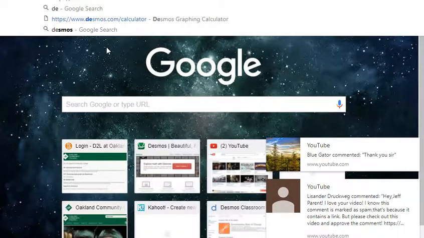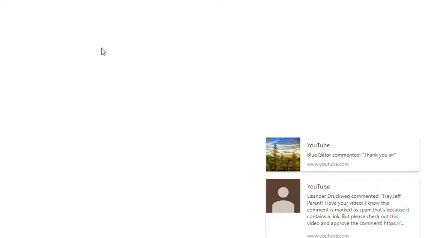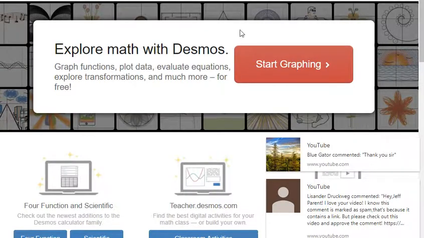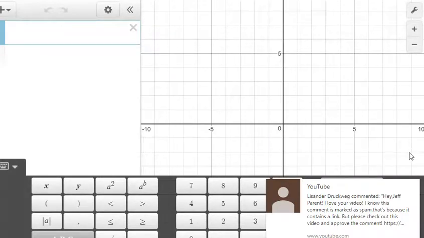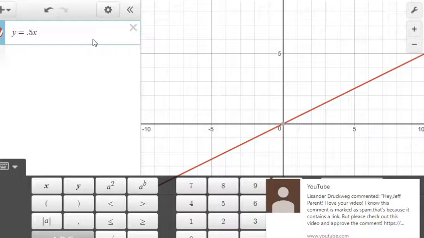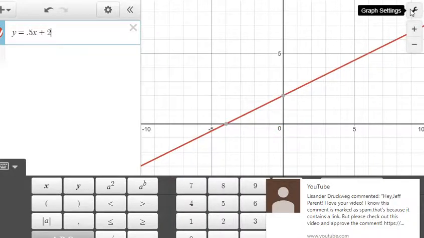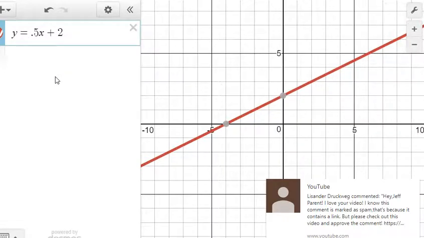You don't need to set up an account. You can just click Start Graphing. Let's see. So let's type in an equation y equals 0.5x plus 2. So this is just trying to remind you real quickly about what some of these things mean.